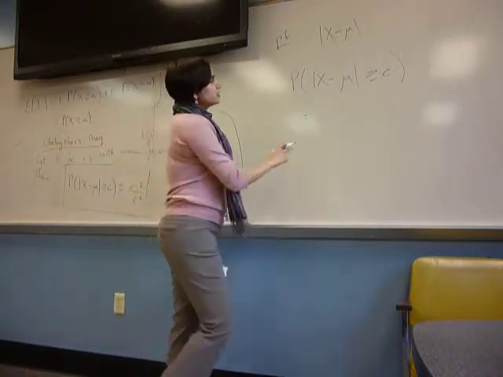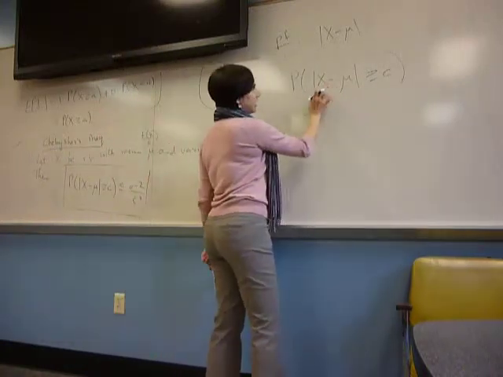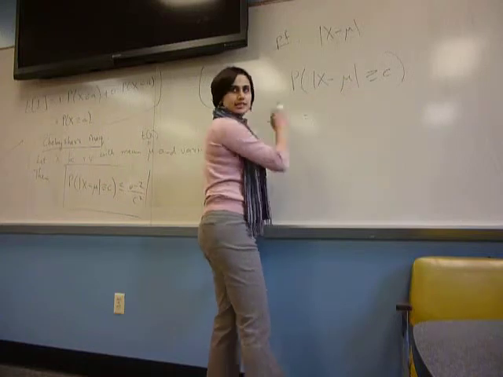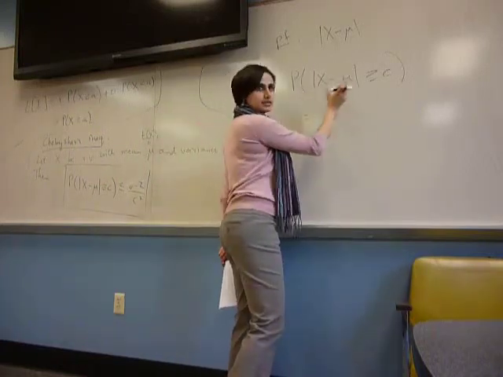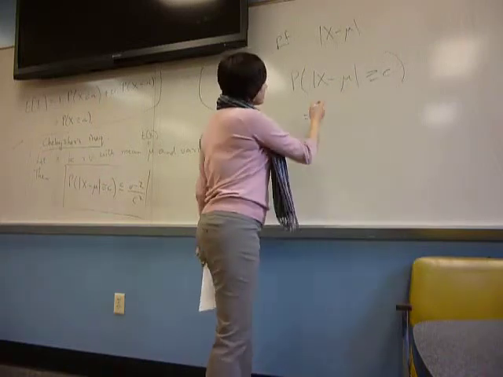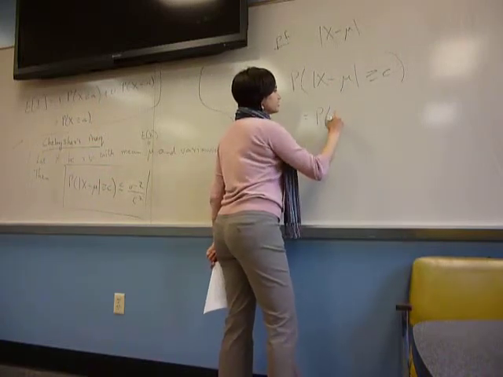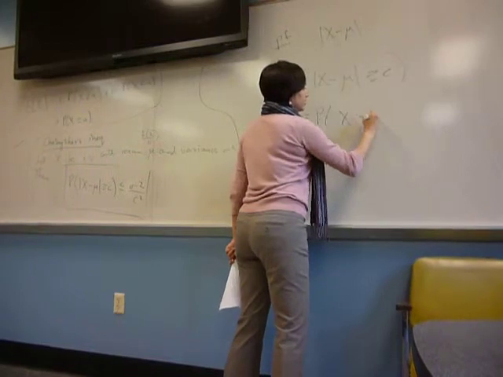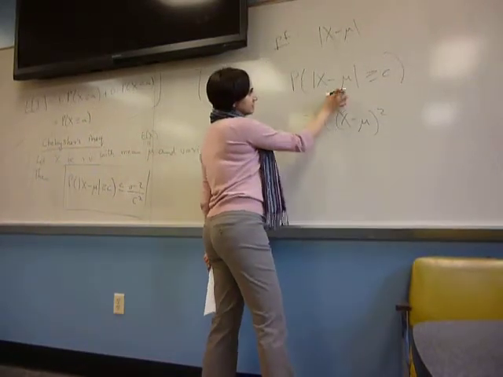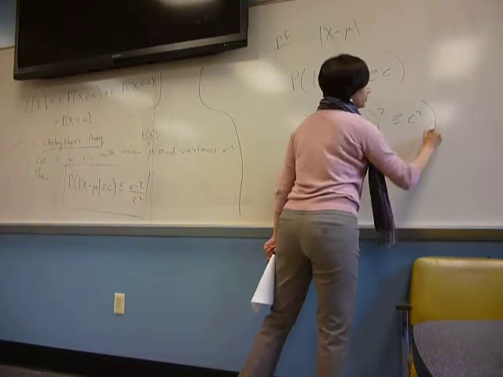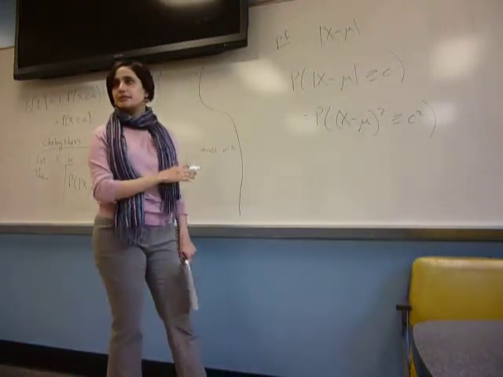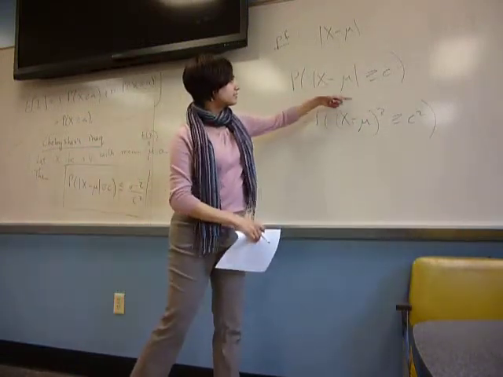Now, we could bound this above by the expected value of the absolute value of X minus mu over c. That's just Markov's inequality. But we don't know what the expected value of this is. But this equals the probability of the same thing squared. If I know that this absolute value is greater than or equal to c, then the square is always greater than or equal to c squared. So these probabilities are the same, because these are two equivalent statements.